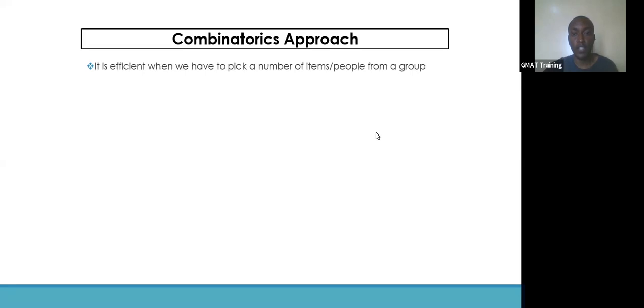It's very easy to make errors while cancelling or solving problems using this approach. And lastly, you can't visualize the problem. You don't have that deep understanding of the problem, and therefore you can't tweak your approach if you find some errors. You have to follow a solid combinatorics approach.